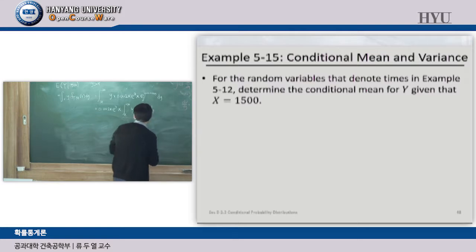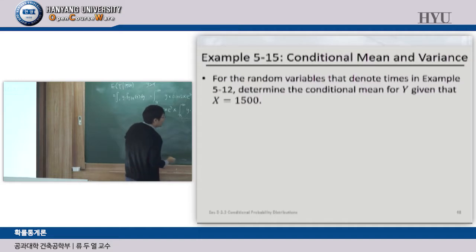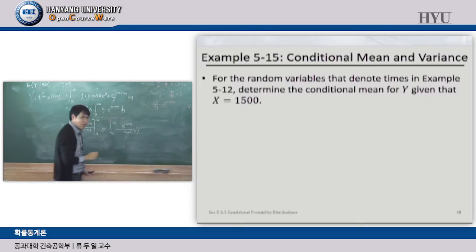So, based on this relationship, it can be written as: a is equal to y multiplied by minus exponential minus 0.002y over 0.002 from x to infinity, minus the integration from x to infinity of v, which is minus exponential minus 0.002y over 0.002, times du over dy, which is 1, dy.